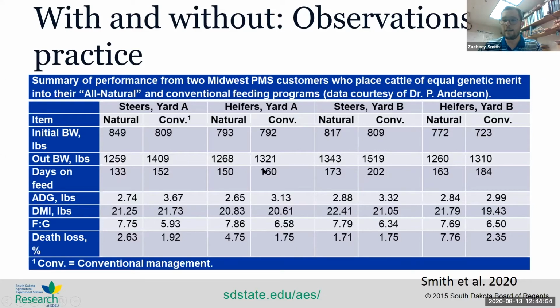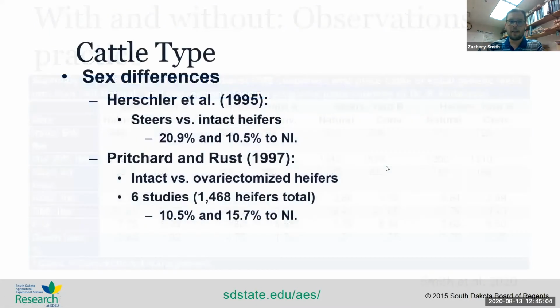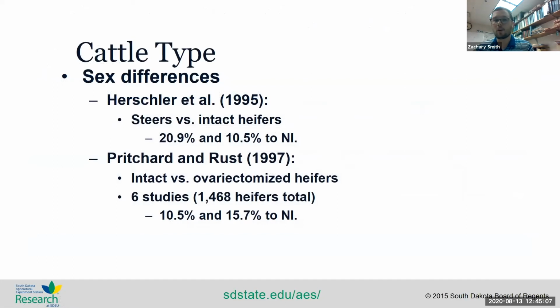Now keep in mind, implants delay fattening, they extend the growth curve, so these cattle are fed for longer periods of time, and they generate more weight when they're harvested. Now it's important to remember that there are sex differences, at least with implants, in regards to the observed improvements in feed conversion and intake.